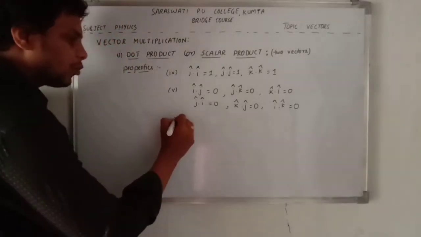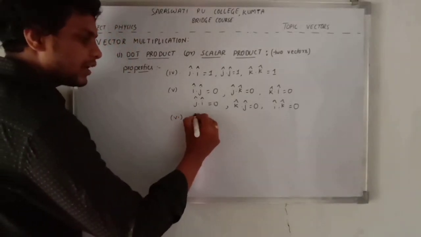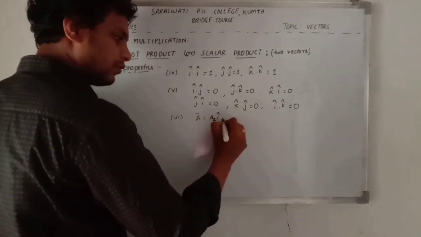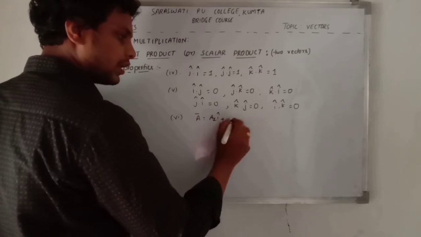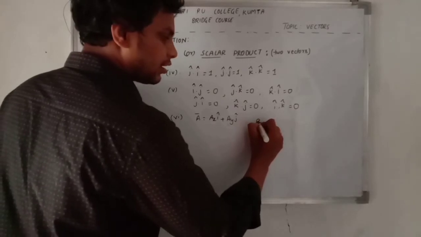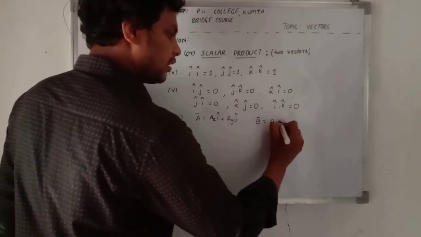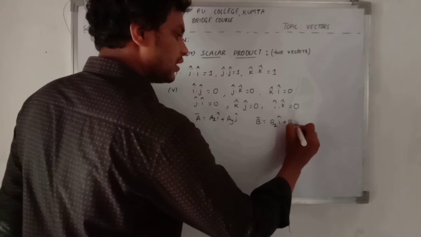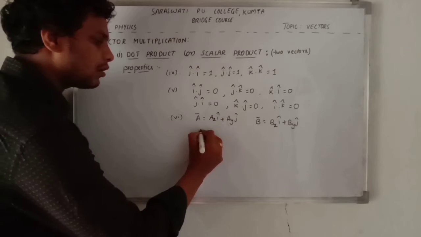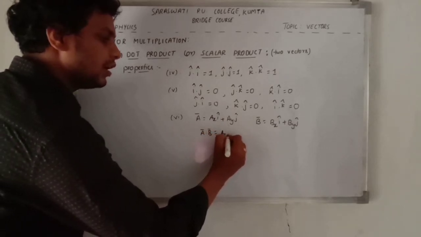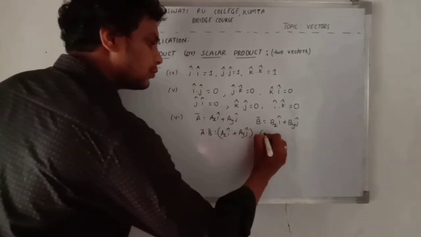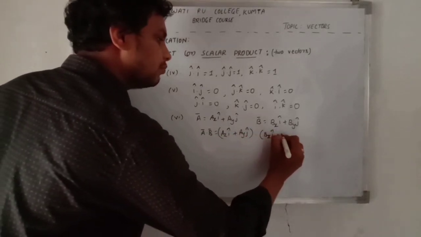Now the next property: for example, take a bar as ax i cap plus ay j cap, and vector b bar as bx i cap plus by j cap. Then according to the dot product, a bar dot b bar is equal to (ax i cap plus ay j cap) dot (bx i cap plus by j cap).